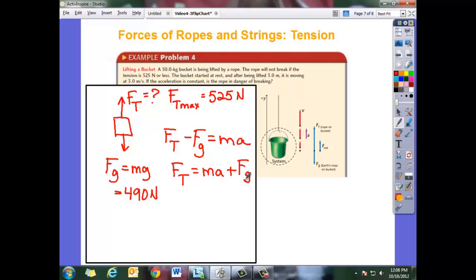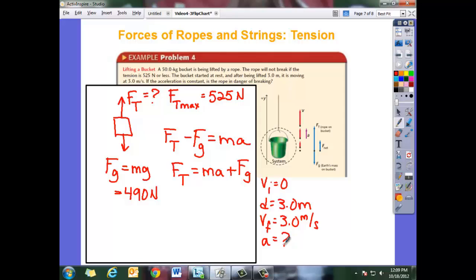So here's where I keep saying that those motion equations aren't going to disappear. It tells me the bucket starts from rest, so I know Vi. It tells me it's lifted 3 meters. It tells me that it's moving at 3 meters per second, so that's its final velocity. And it wants me to find its acceleration.